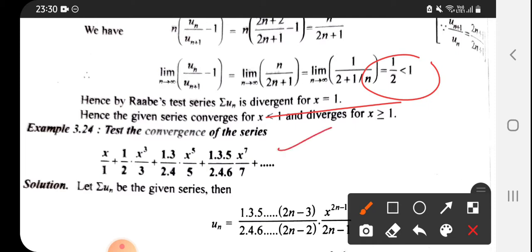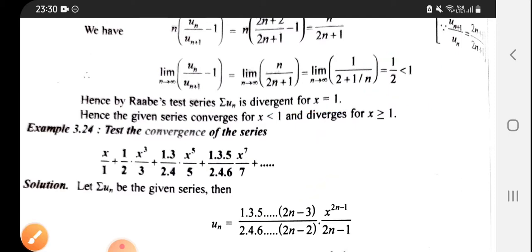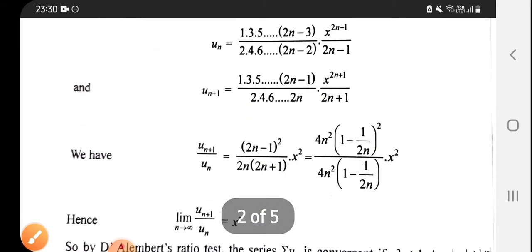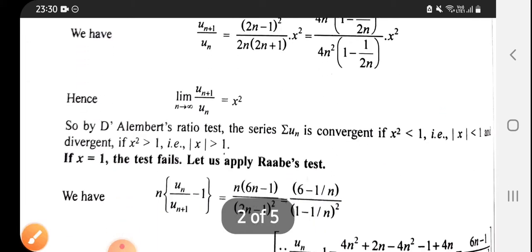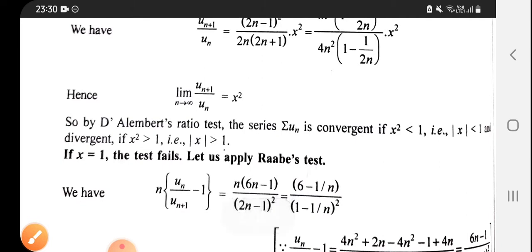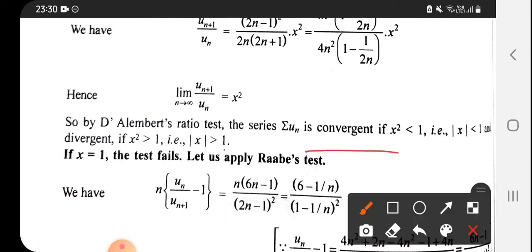Now for this series, this is the general term, and un plus 1 is this. The ratio un plus 1 upon un is this, and this is x square. So by D'Alembert's ratio test, if x square is less than 1 then convergent, and if x square is greater than 1 then it diverges.